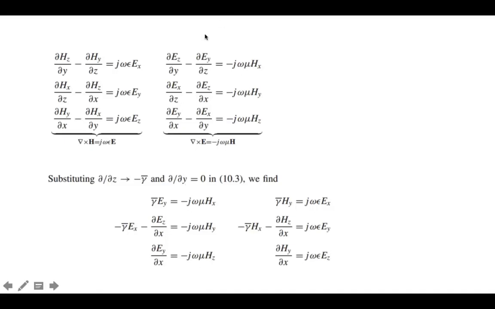So what this means is, for example, if we look at this first line, let me get a highlighter. If we look at this first line here, you see we've got the partial, this is in the H direction, this is the curl of E, and so if we take the x component first, it's the partial of Ez with respect to y, but remember all the partials with respect to y are going to go to 0 because all the fields are constant in the y direction. And then we have minus the partial of Ey with respect to z, but remember all of the fields in the z direction vary as e to the minus gamma z.